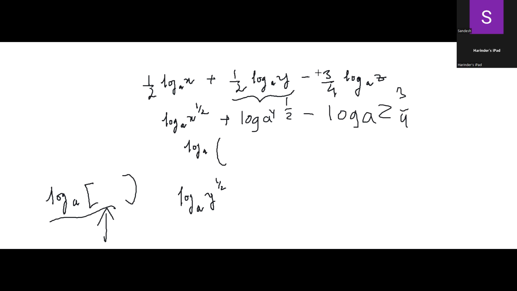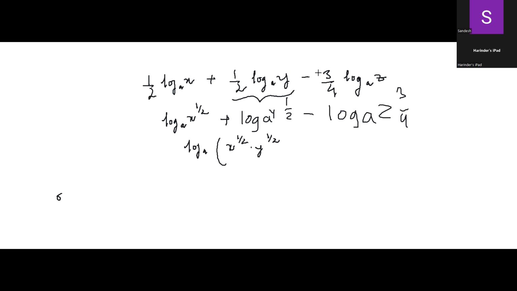So log base a of x to the 1 over 2 times y to the 1 over 2. What about the z? Where does that go? The third guy. Where would the z go in this expression? And it is being subtracted.